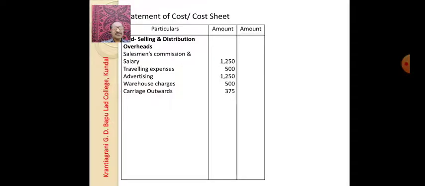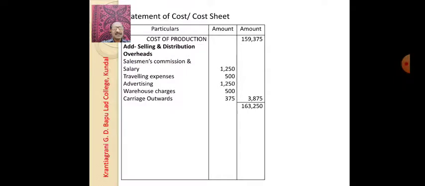Carriage outwards rupees 375. The sum is 3,875, which is added to the cost of production, and the sum is rupees 1,63,250, the cost of sales or total cost.